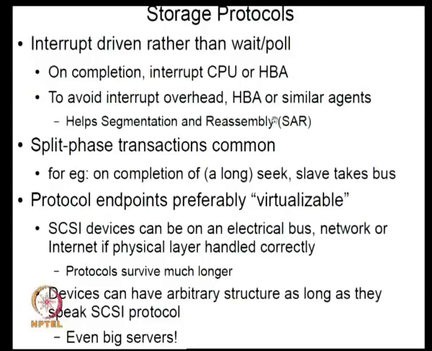The disk subsystem will interrupt the HBA. The HBA will take each of those 4 blocks that have been read and put them together, what is called reassembly. Okay? In networking, you might have heard of segmentation and reassembly, SAR, right? So the HBA basically does the SAR for storage devices. Okay? So you have HBAs or similar agents that help with segmentation and reassembly.